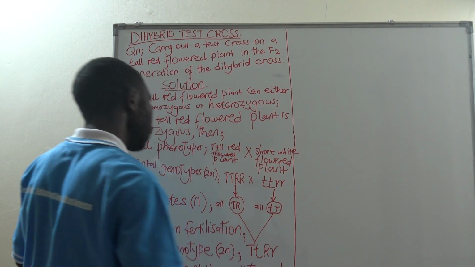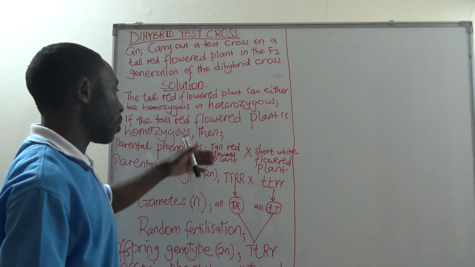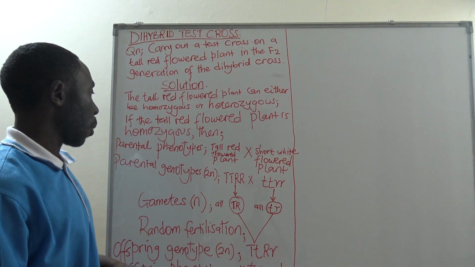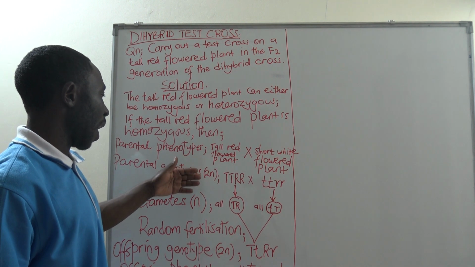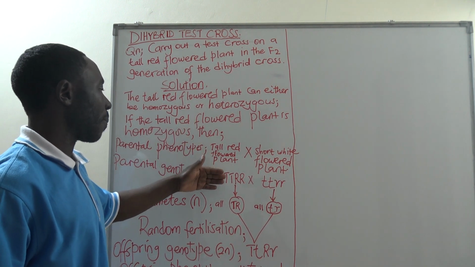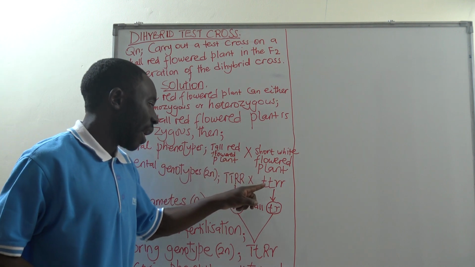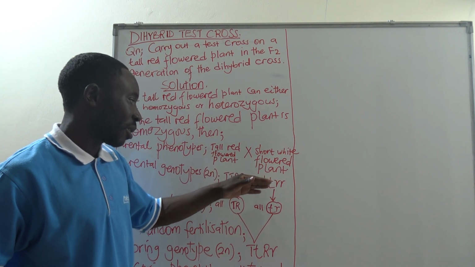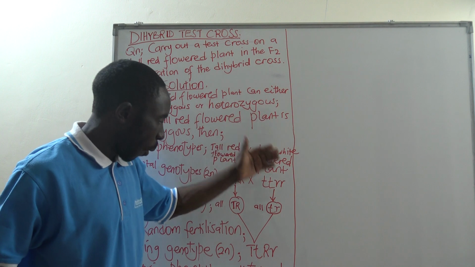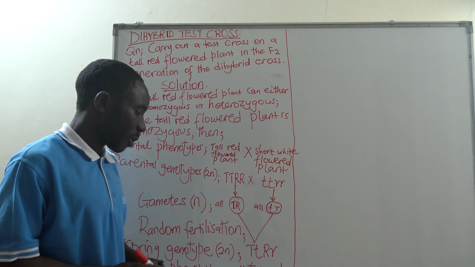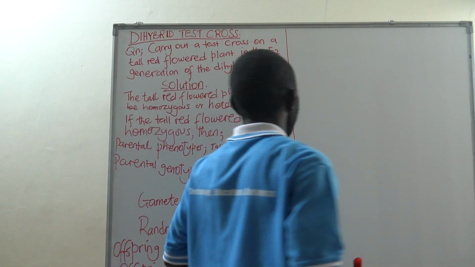So in the first case, that is what will happen when we cross a homozygous tall red flowered plant with a homozygous recessive short white flowered plant.